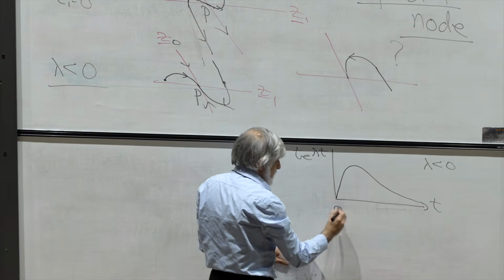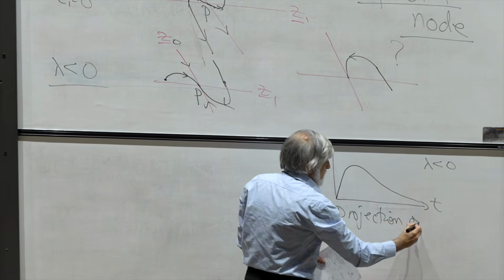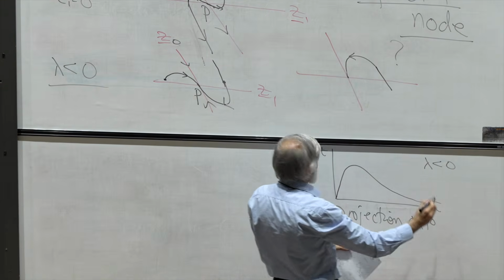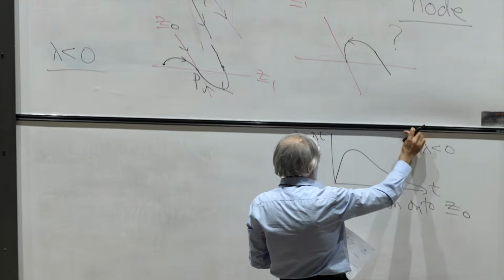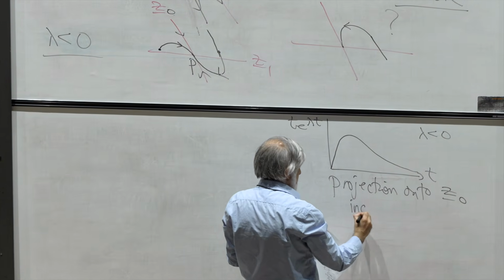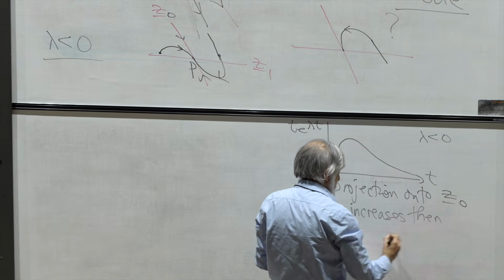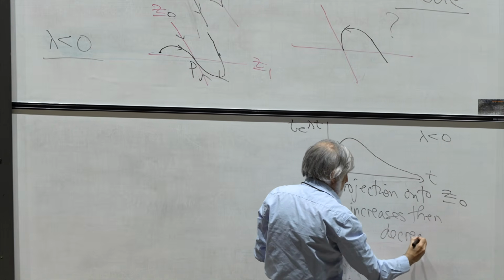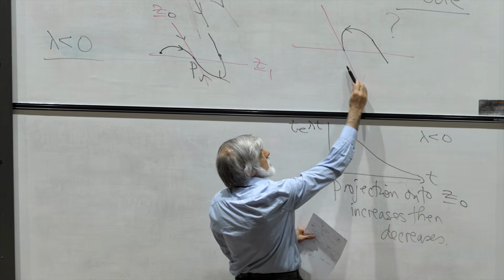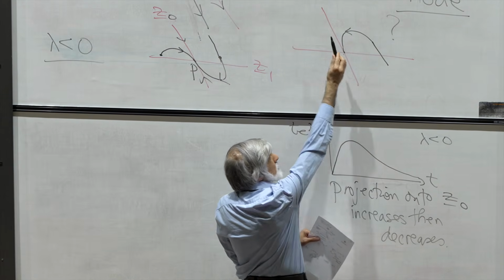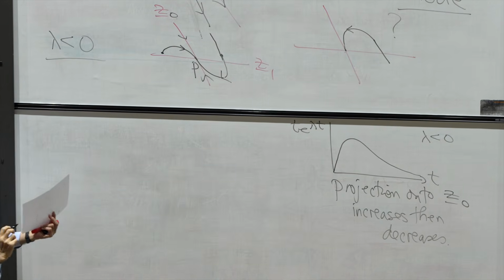So the projection onto Z0 increases initially, then decreases. Whereas here it would be decreasing initially before increasing. Okay?